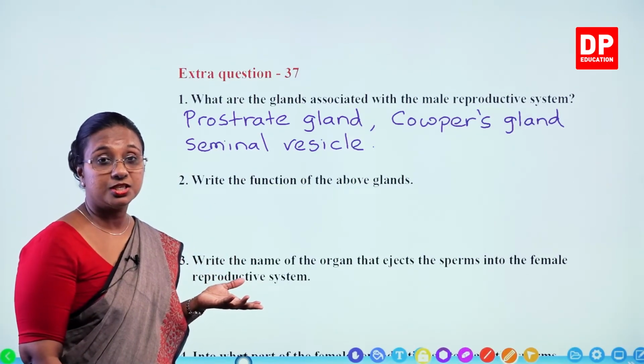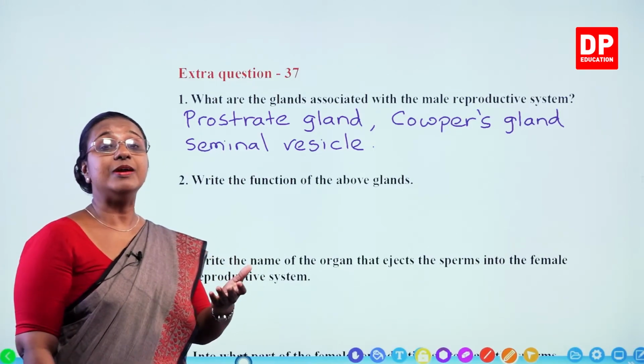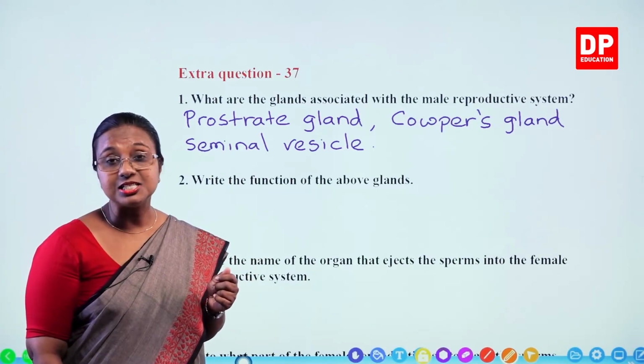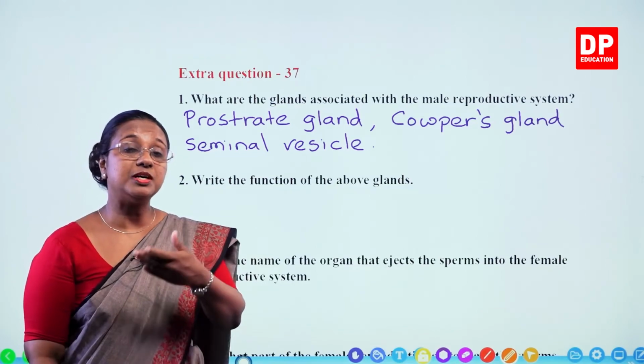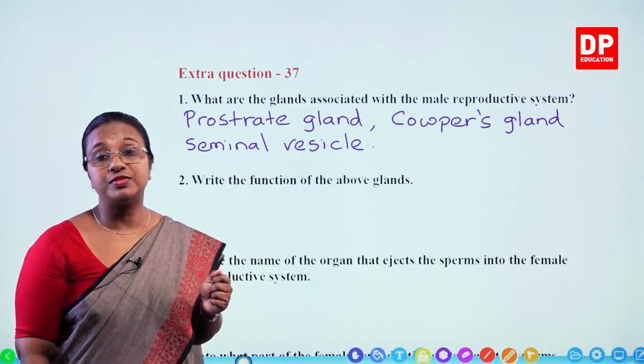What is their function? They secrete a fluid that contains the sperms and provide nutrition to the sperm and facilitates transport of the sperm.